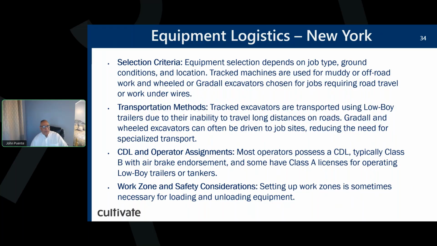Another comment they noted was that with the tracked excavators, they sometimes had to set up work zones when loading and unloading them. It's basically what the other states had experienced and that I've talked through already.